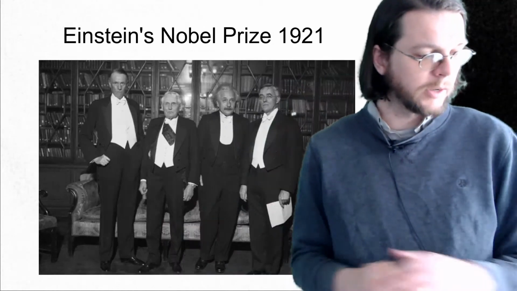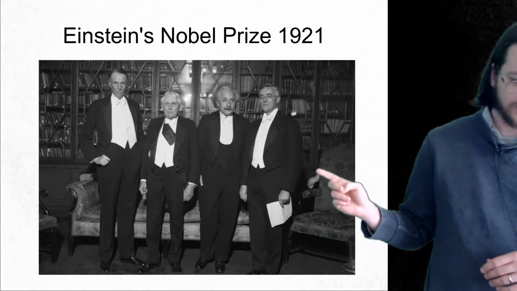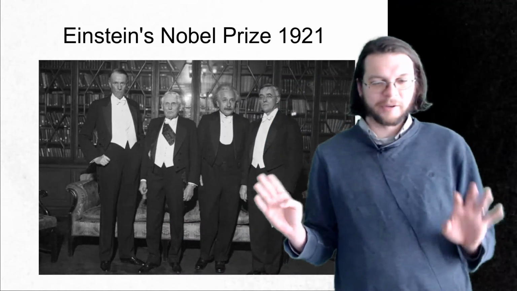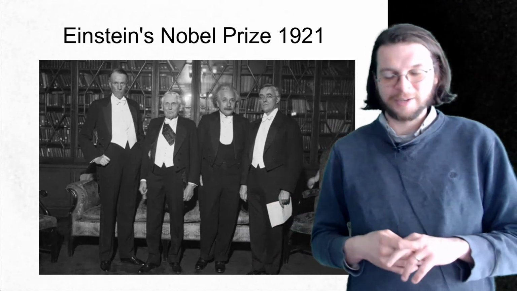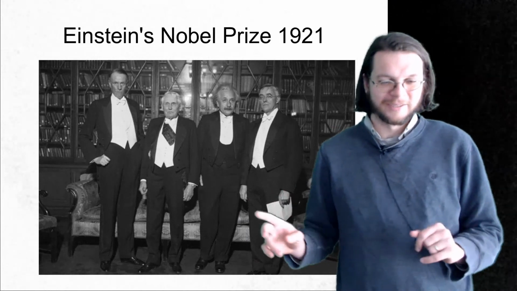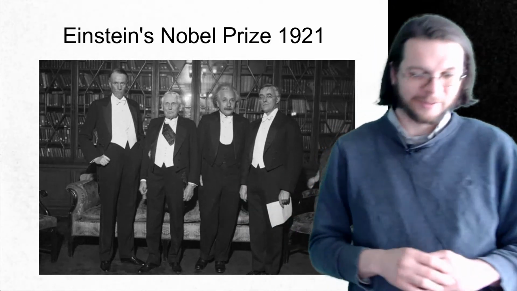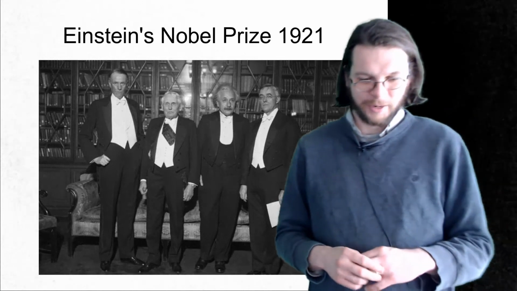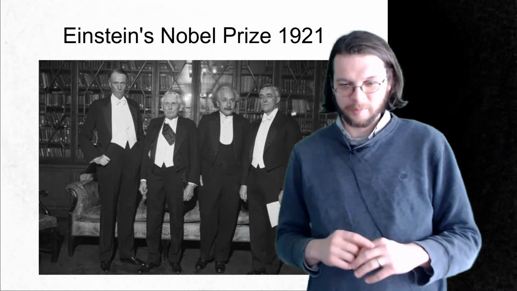Einstein won the Nobel Prize for this. By the way, this is back in the way back when. The whole phenomenon of smiling in pictures is actually relatively modern. Way back in the day, people didn't necessarily smile in photos, but this is a particularly memorable one.